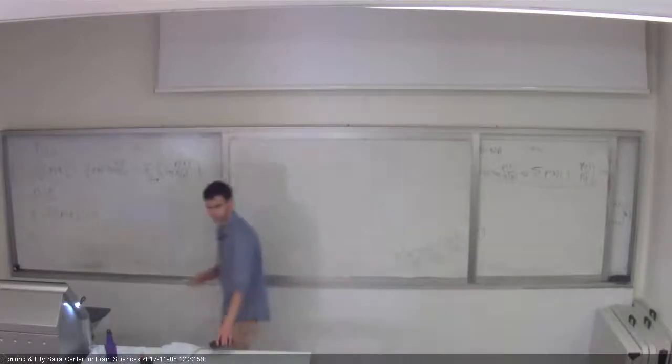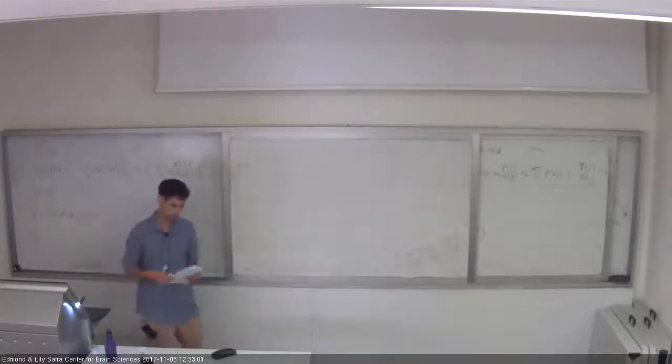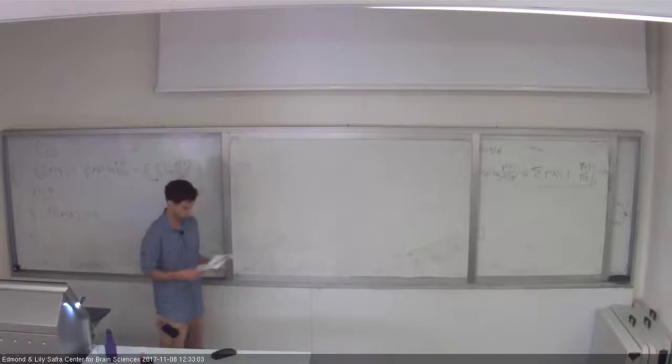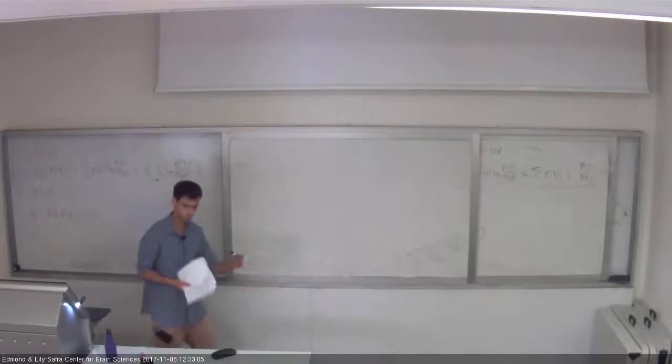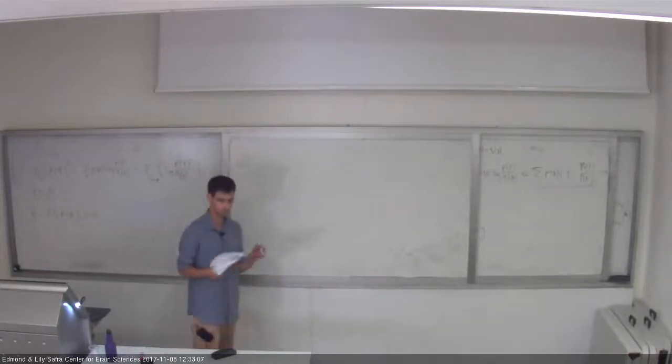So we have two Gaussian distributions, and we want to know what is the DKL between them.